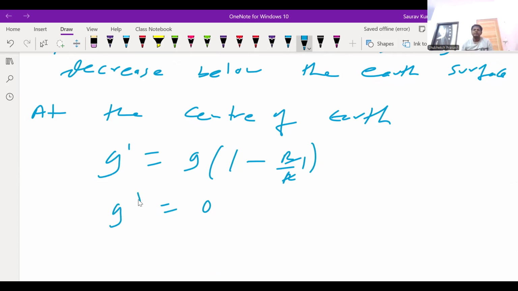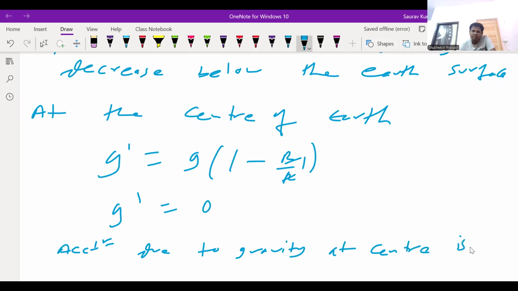Acceleration due to gravity at the center of the Earth is 0.